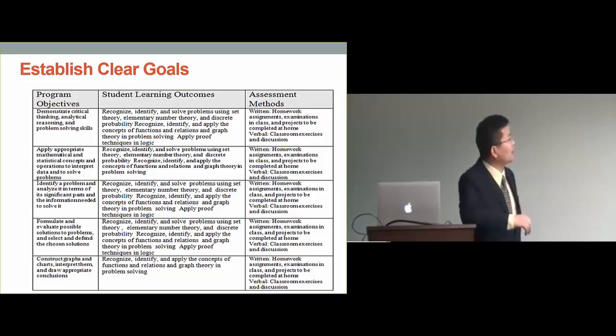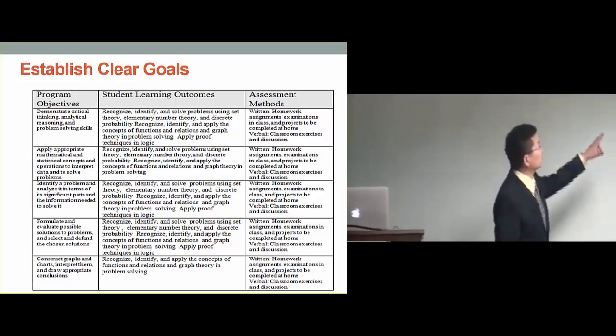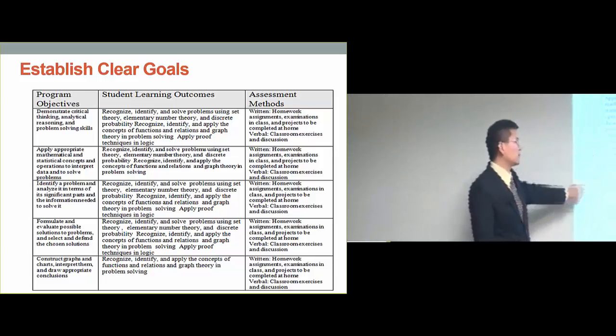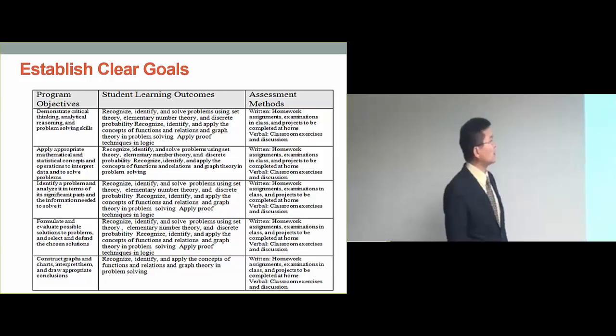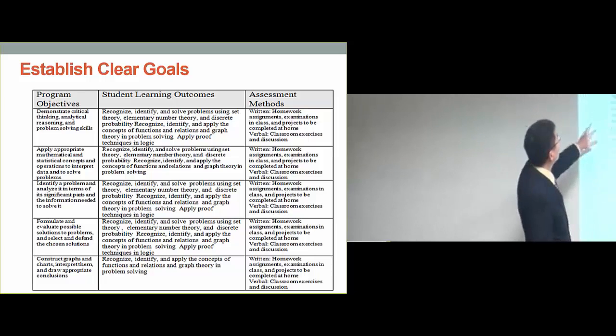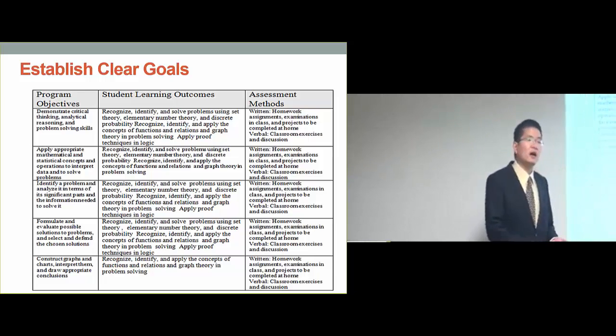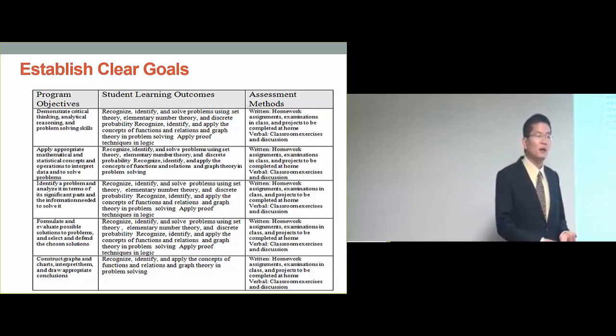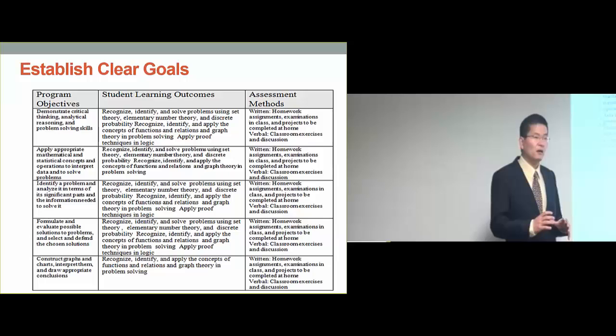I think at the beginning of the class or at every topic, we want to set very clear goals of this topic, of this class. We try to align our major with a guideline, which is the ACM curriculum guideline, because later we want to have our major be accredited.